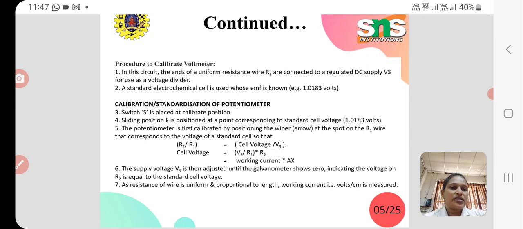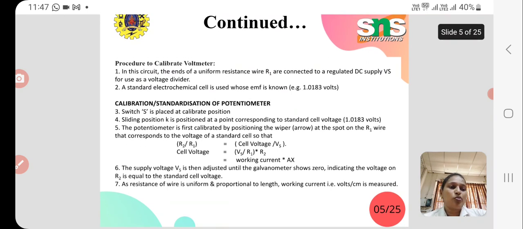So the potentiometer is first calibrated by keeping the jockey at a spot R1, which corresponds to the voltage of the standard cell. The equation becomes R2 by R1 equals cell voltage divided by Vs.